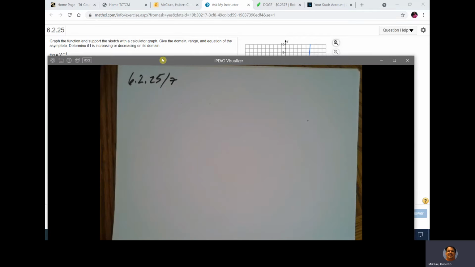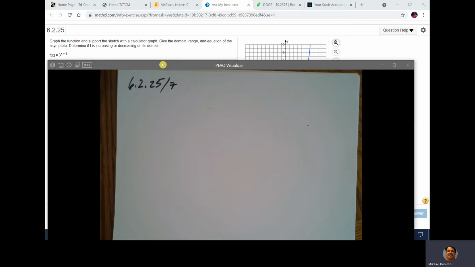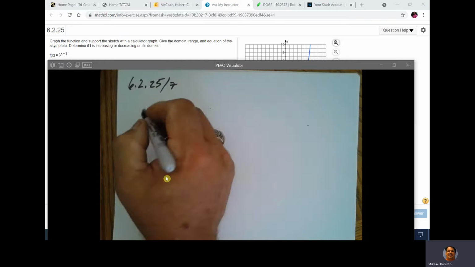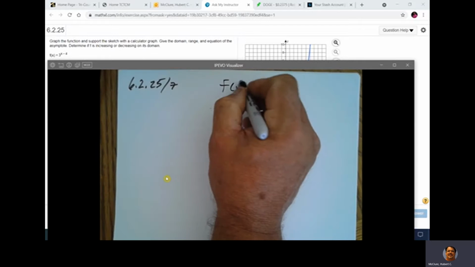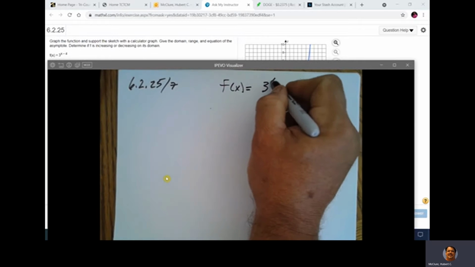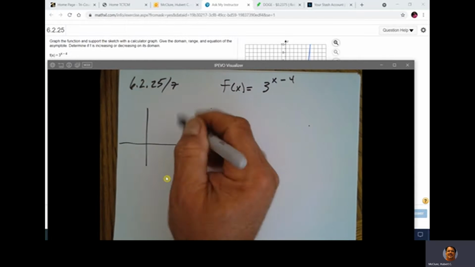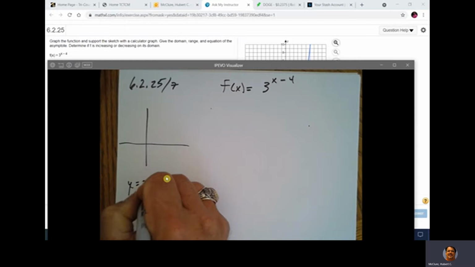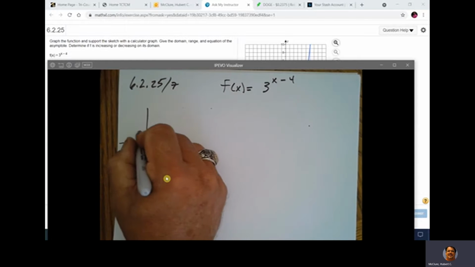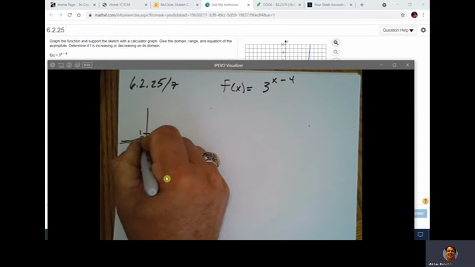Basically, it's a horizontal shift. We know that you have to go to your parent graphs. f(x) is equal to 3 to the x minus 4, and we know that y is equal to 2 to the x crosses at 1 right there.